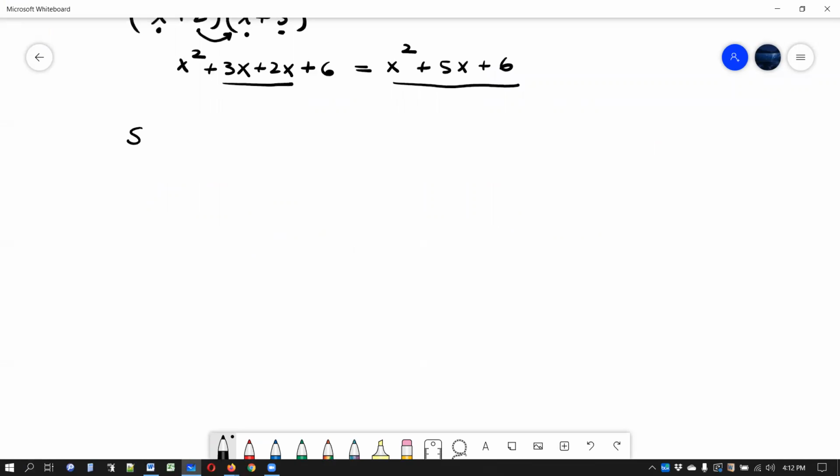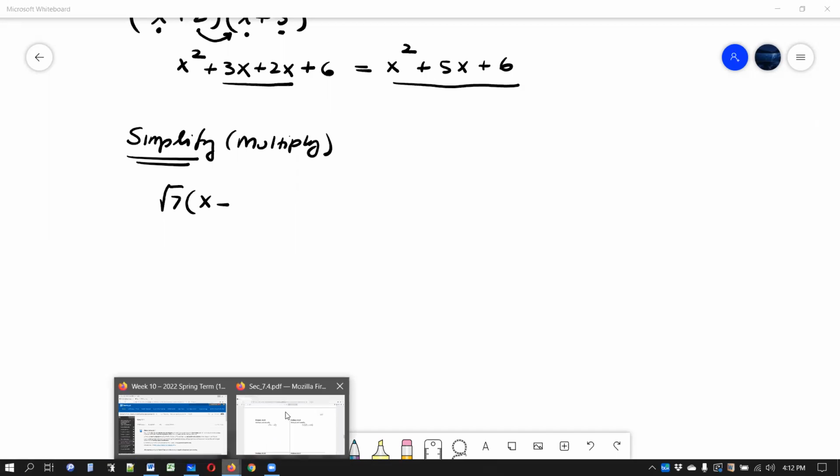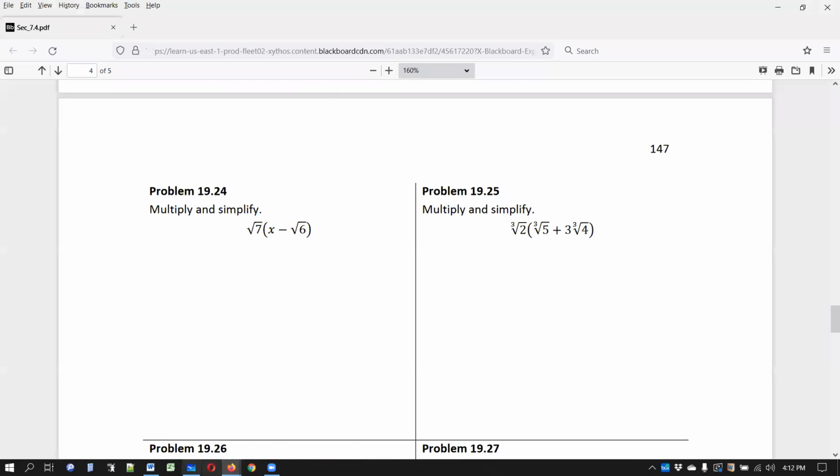So these again will be under either simplify or multiply. And the word simplify is there to remind you that at the end you may have to simplify. Radical 7x minus radical 6.